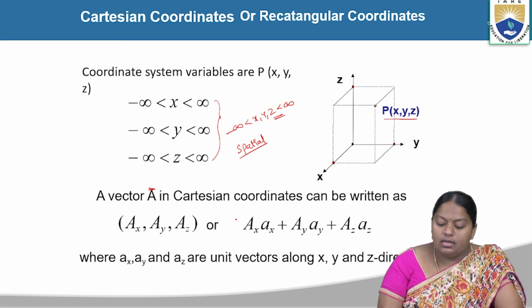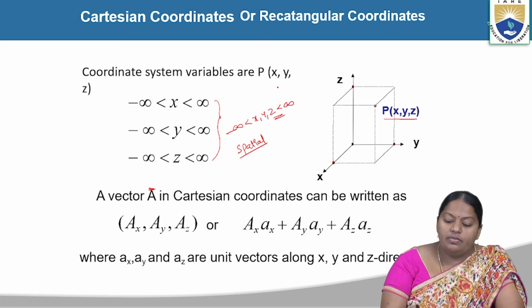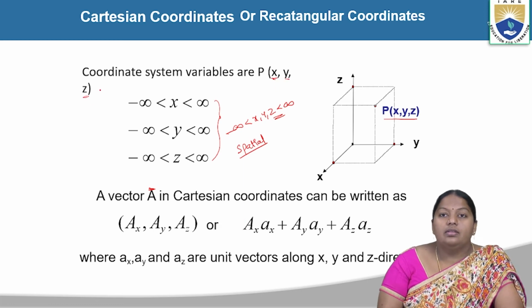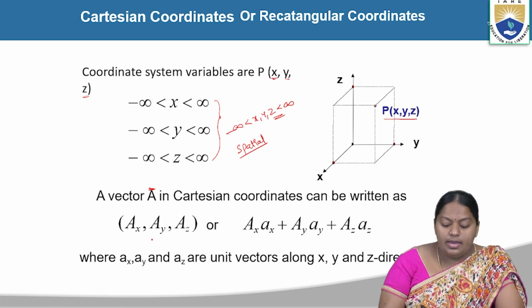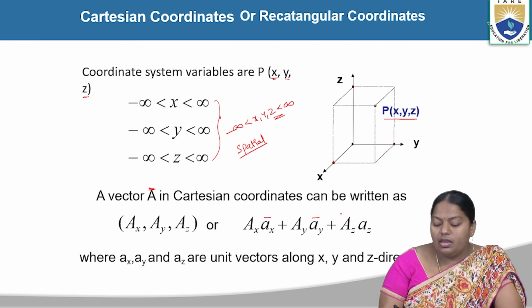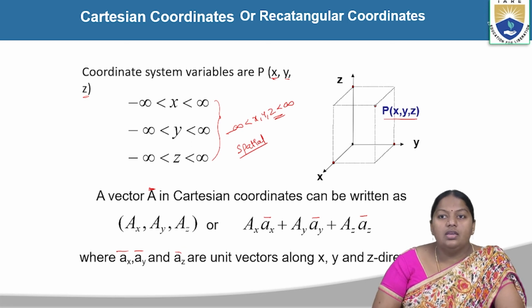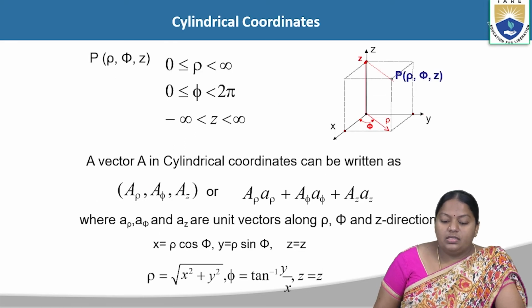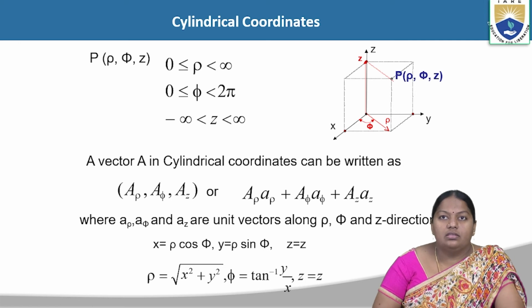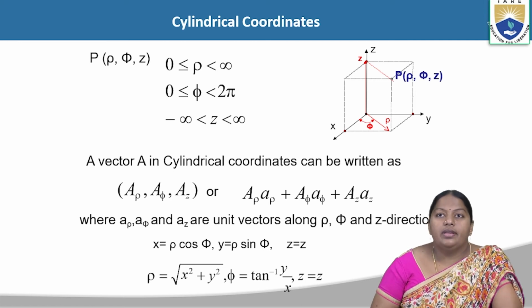In the Cartesian coordinate system, as the variables are x comma y comma z, the representation for the vector is Ax ax plus Ay ay plus Az az, where capital AX, AY, AZ are the magnitudes in the three directions X, Y, Z, and small letters ax bar, ay bar, and az bar are the unit vectors along the X, Y, Z directions, respectively. Right?